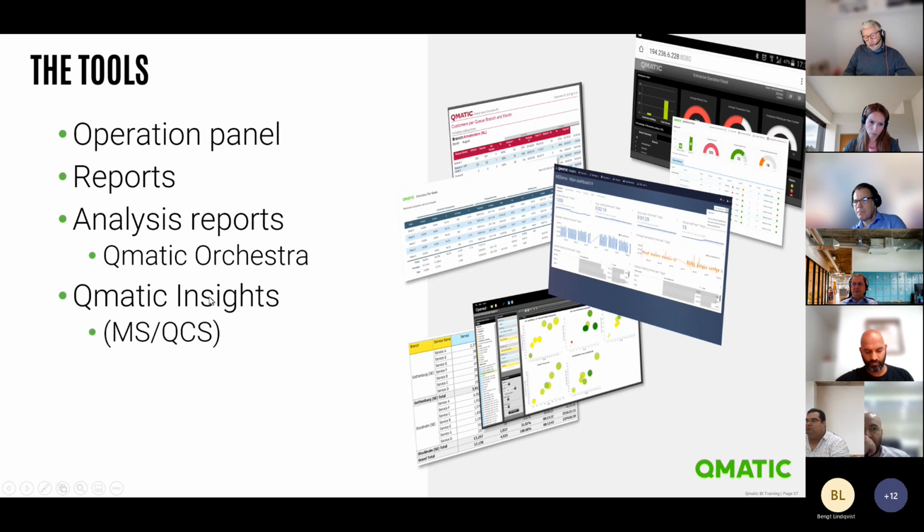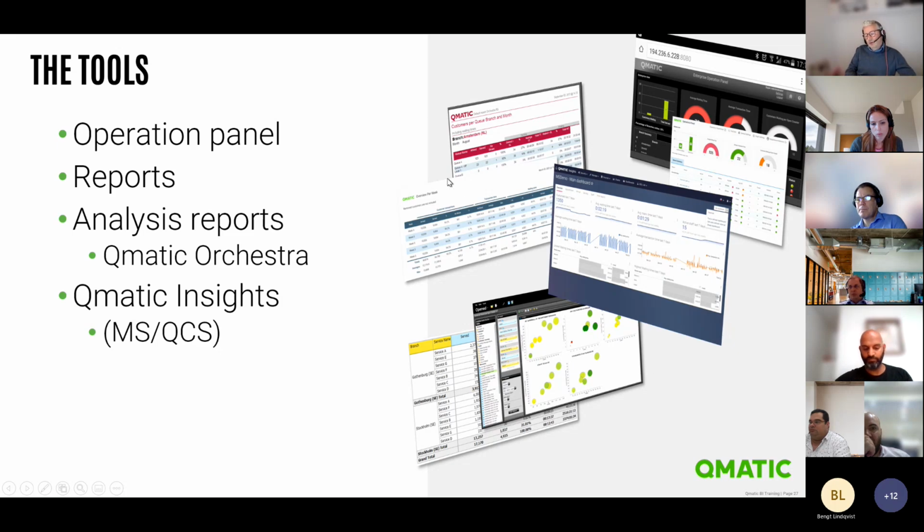And then we have Qmatic Insights. Qmatic Insights is the tool we use for our managed service and Qmatic Cloud solution clients. So they don't have this Pentaho analysis report. There we actually use a whole other tool, which is more of a dashboarding tool. Where we have an overlap, or where the systems are going to be completely the same in the near term, is the reporting tool.